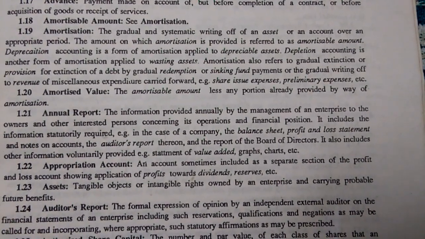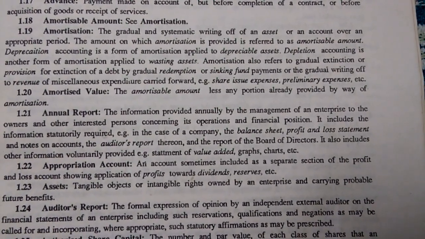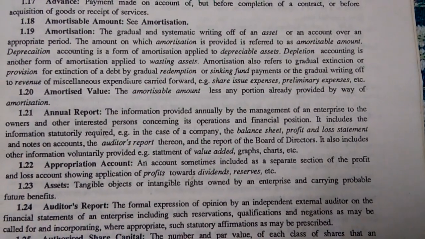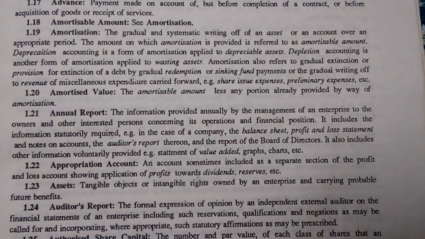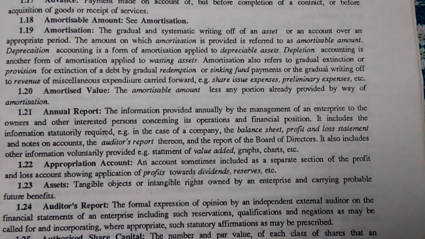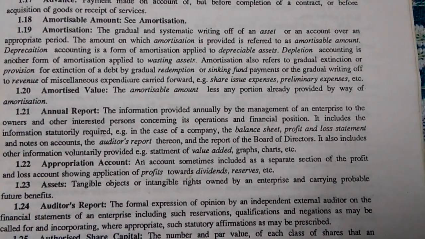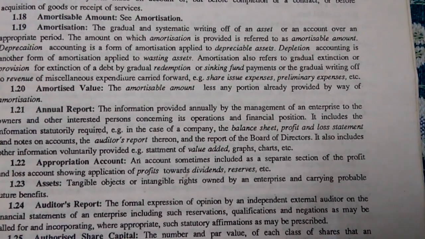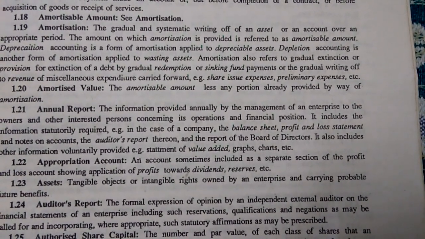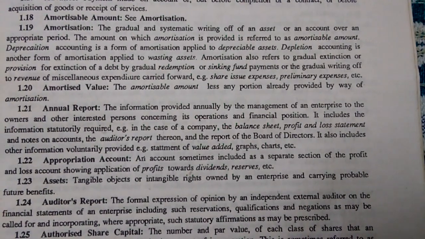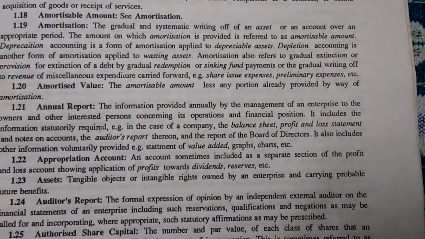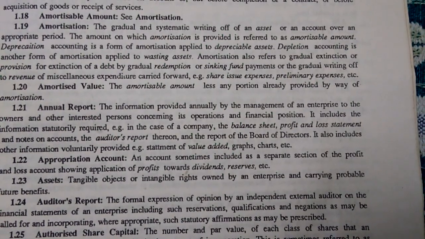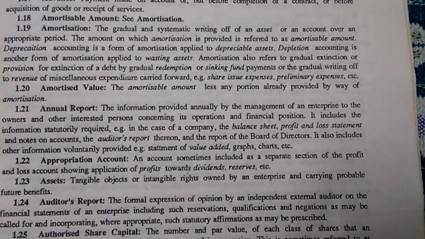Amortization, the gradual and systematic writing off of an asset or an account over an appropriate period. The amount on which amortization is provided is referred to as amortizable amount. Depreciation accounting is a form of amortization applied to depreciable assets.